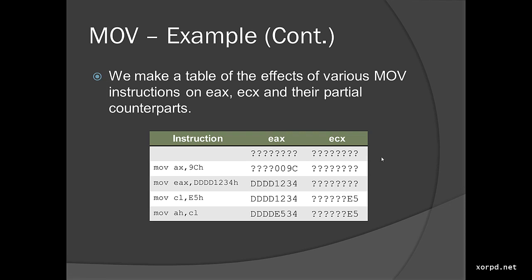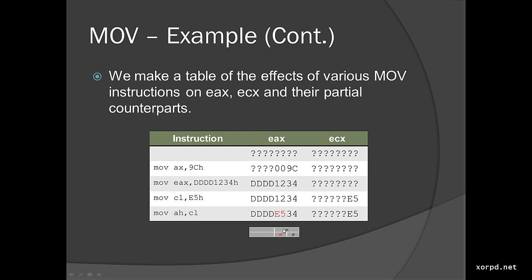This is interesting. Just to be reminded, this part, E5, is actually AH. This is the picture that we used to have about what EAX consists of.